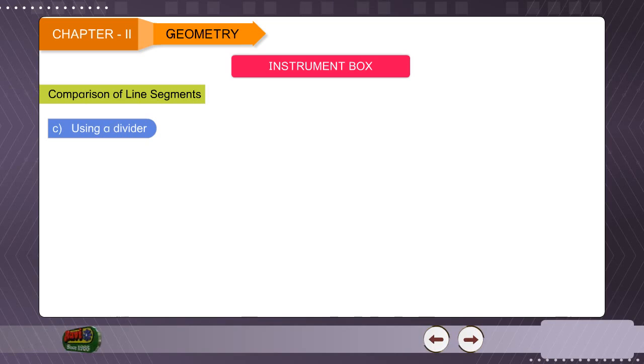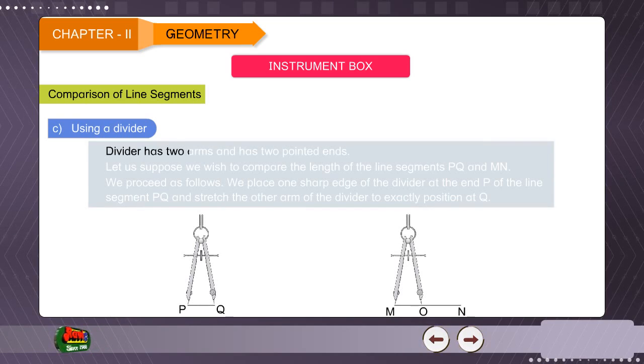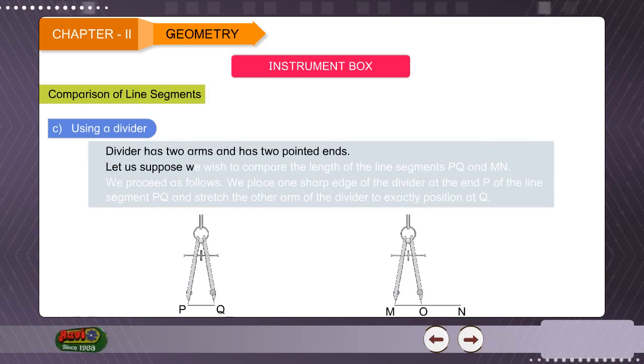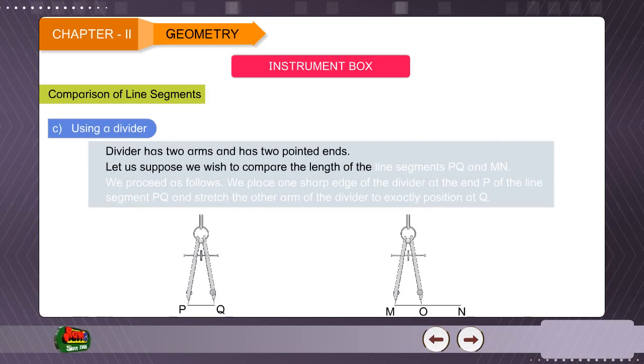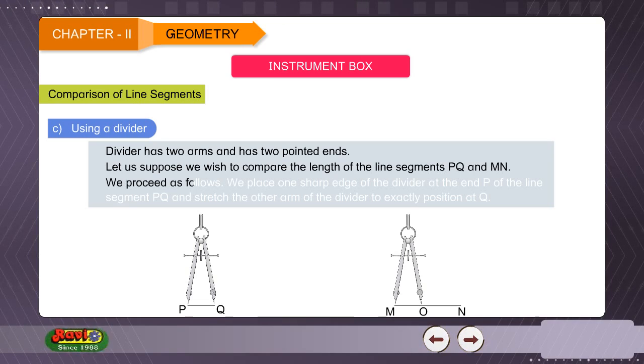C. Using a divider. A divider has two arms and has two pointed ends. Let us suppose we wish to compare the length of the line segments PQ and MN. We proceed as follows.